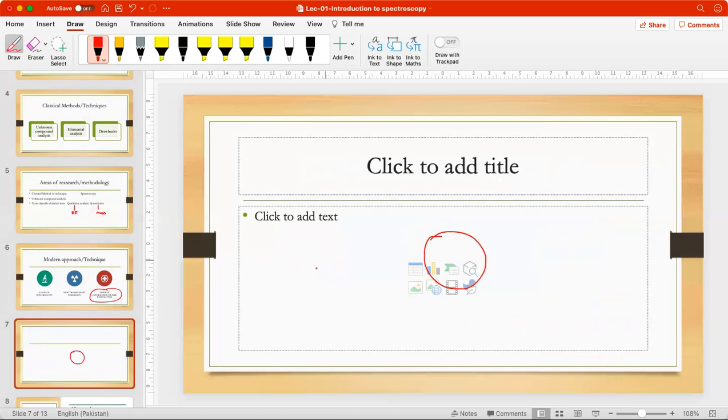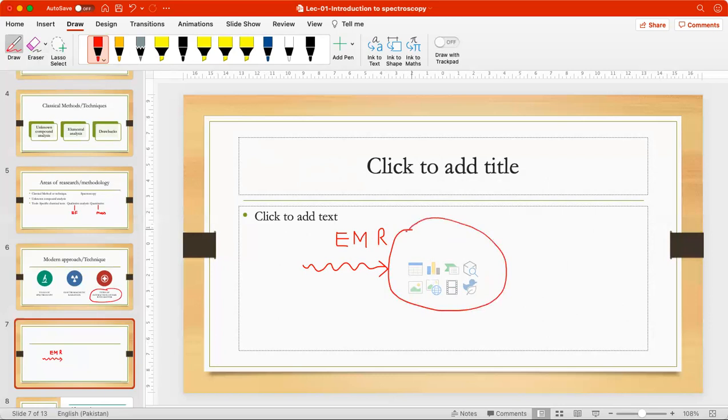Okay, from here you are giving the electromagnetic radiations. So this is the EMR, electromagnetic radiation. This EMR, you made it interact with the matter.